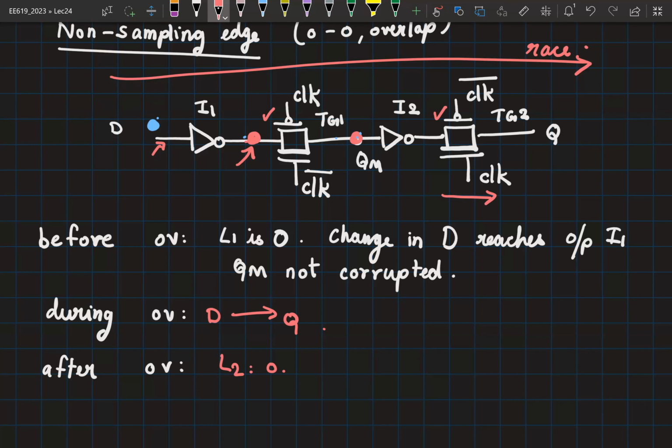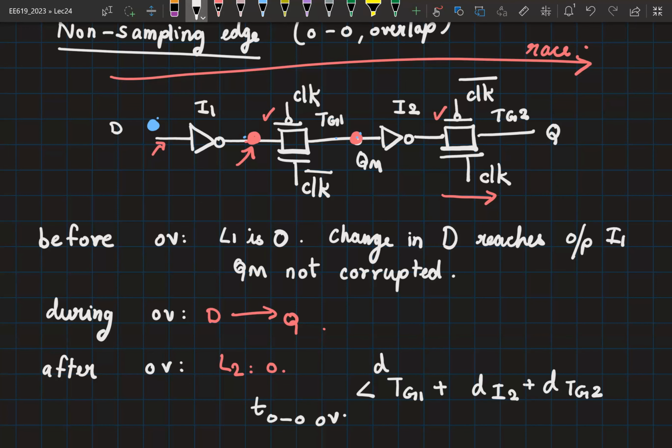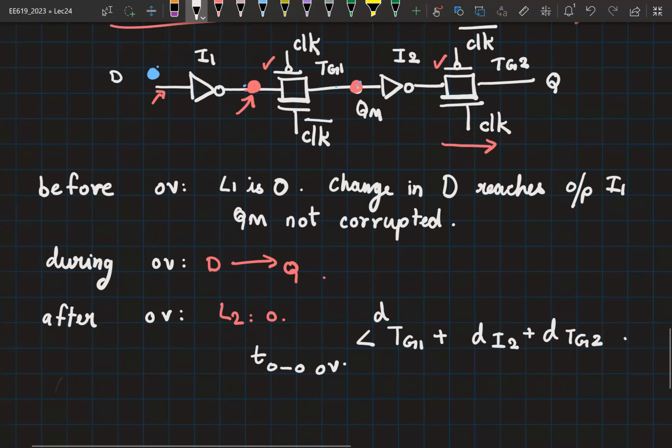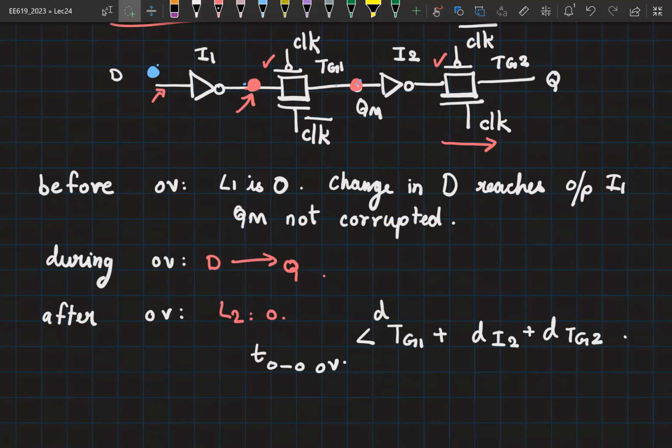If it doesn't cross the transmission gate, then your output is not getting affected in a non-sampling edge. So which means what criteria can I put on the 0-0 overlap? It has to be less than delay of TG1 plus delay of I2 plus delay of TG2. This is clear?